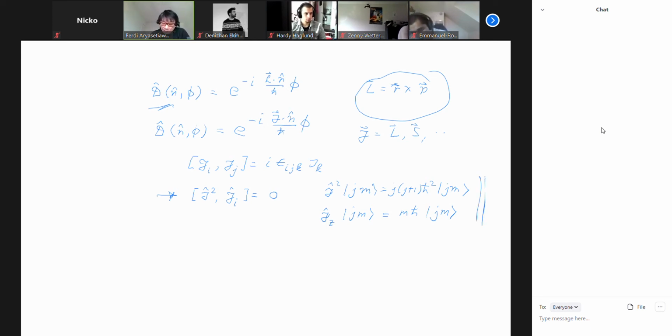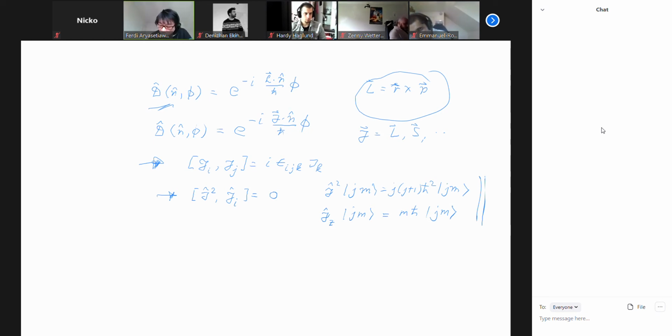So actually, this type of algebra here, where you have a set of operators that fulfill this kind of commutation relations, is, from a more general picture, usually known as the Lie algebra.